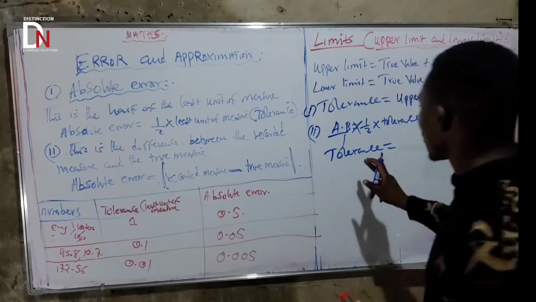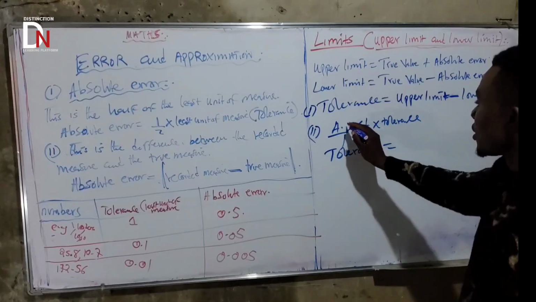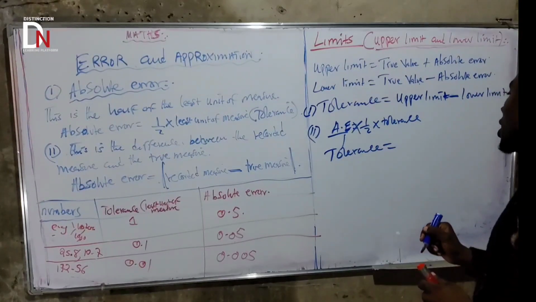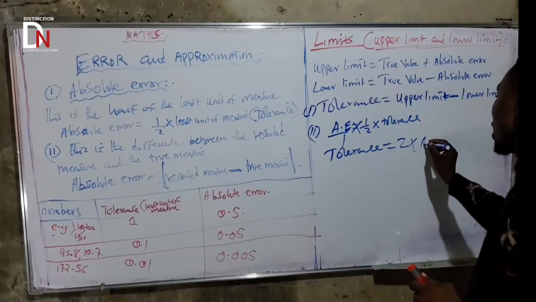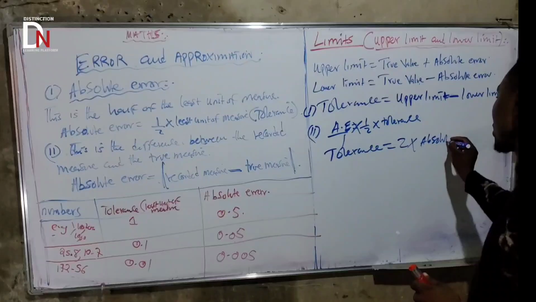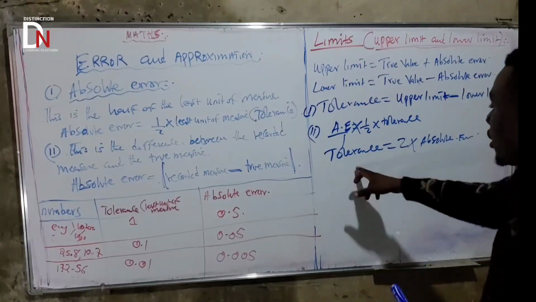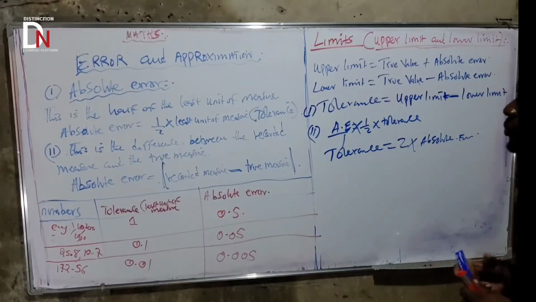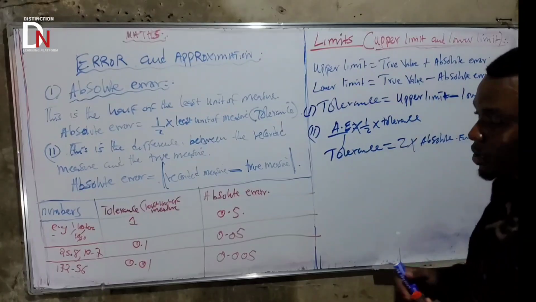And this is equal to absolute error, E, multiplied by 2. So another formula: tolerance is equal to 2 multiplied by the absolute error. Once you know the absolute error, multiply it by 2, you should be able to get the tolerance. Great.